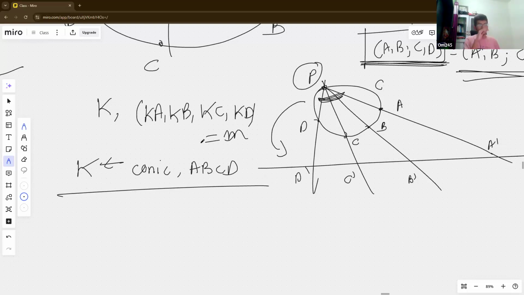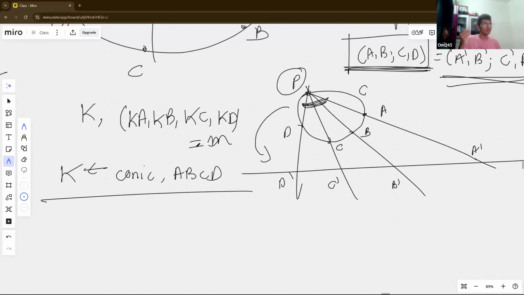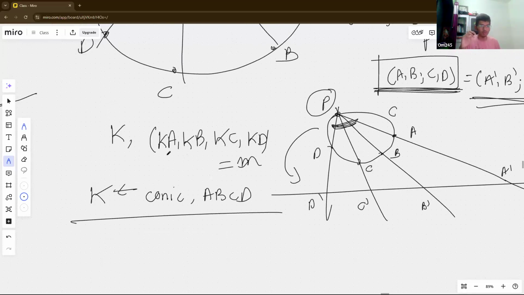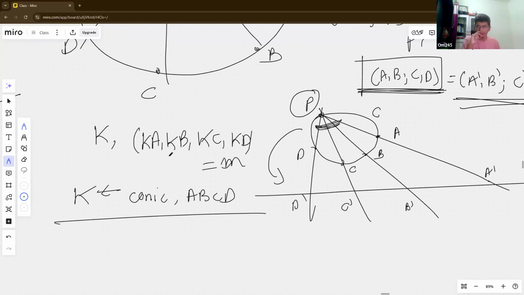But we will now skip conics. If you want to study conics, you can refer to some handouts. It is much more into projective transformations and homography.